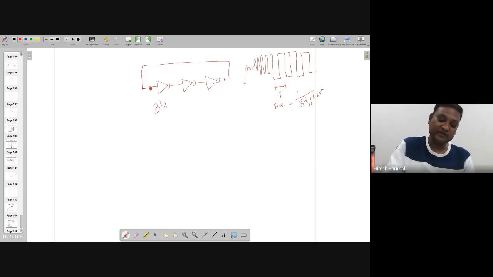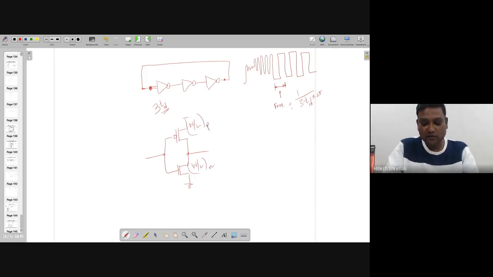When we are doing this, if you want to increase or decrease the TD coming from each stage, then you have to touch the W by L. If you increase W by L of N and P, you are going to have better and better resistance, or I would say the resistance value is going to decrease, and that RC time constant gives you the propagation delay, going from low to high and high to low.